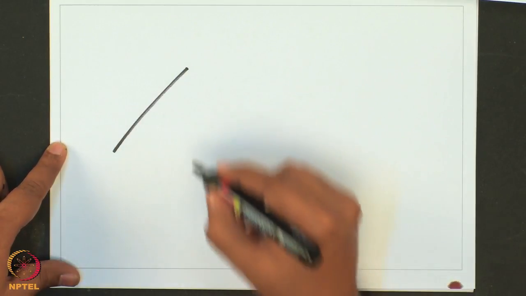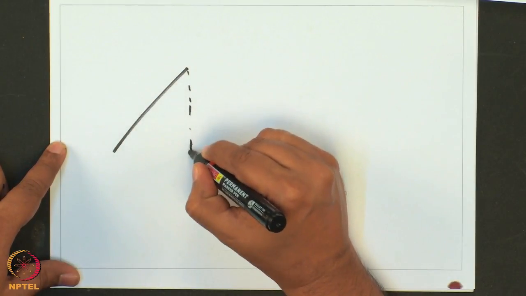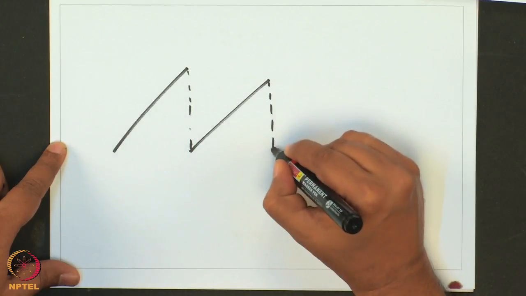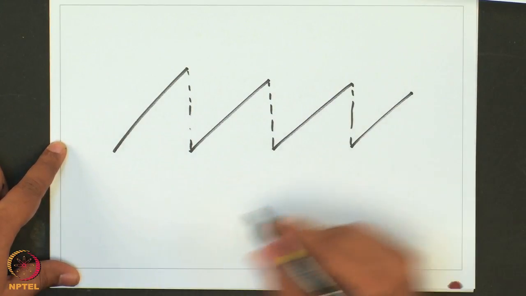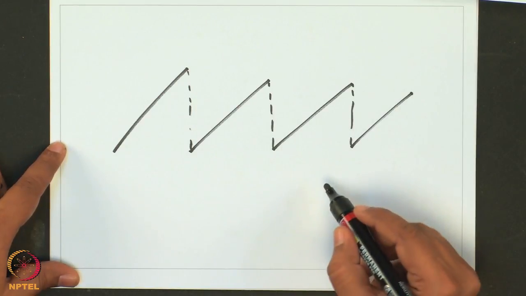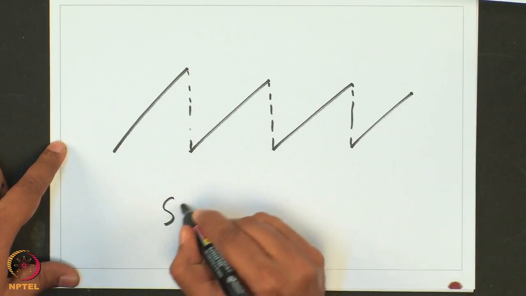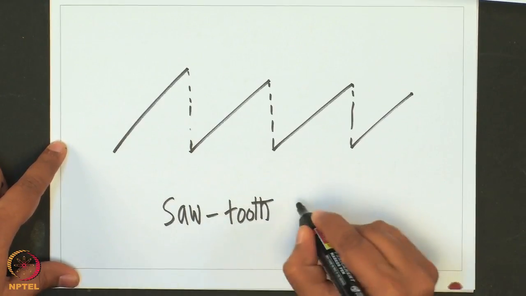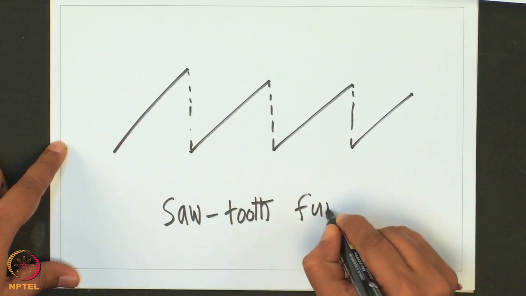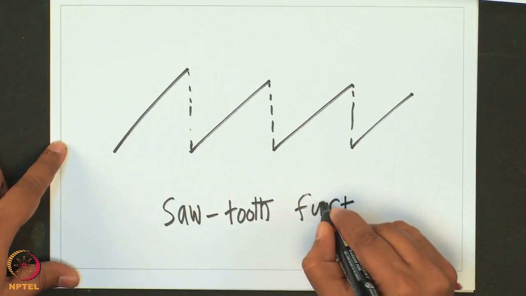This is my function, and this function would repeat again. I just take a straight line and make it repeat many times. Such a function is called a sawtooth. This is a sawtooth function.